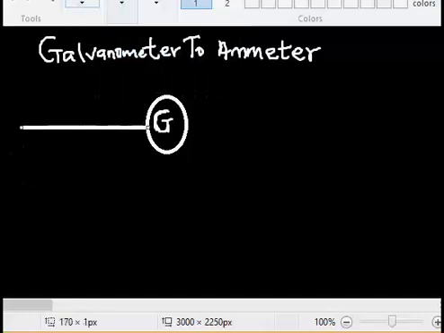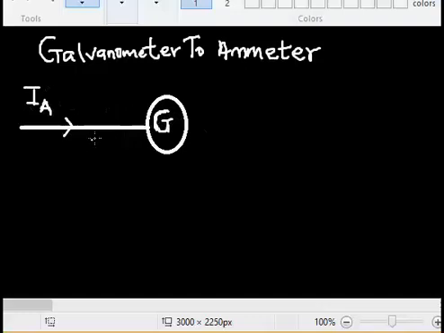So I need to use it to measure the current. Let's say this is the current, IA, that an ammeter is supposed to measure. Then I want the galvanometer to measure it. Now, by default, a galvanometer cannot measure this amount of current, because it's not constructed to measure high current.